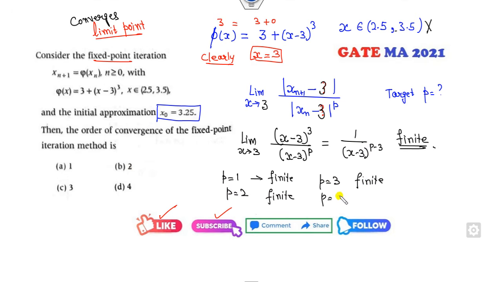When p is equal to 4, it is infinity. So definitely 4 will not be the order of convergence. Now out of these three cases, what is the largest value? The largest value is 3. So 3 is my order of convergence. Always remember, if you get finite limits at different values of p, pick the largest possible value of p.